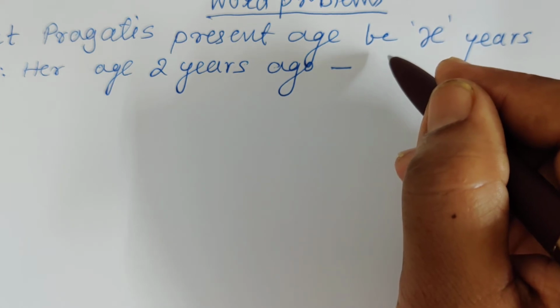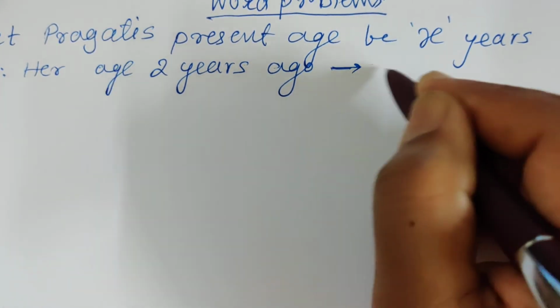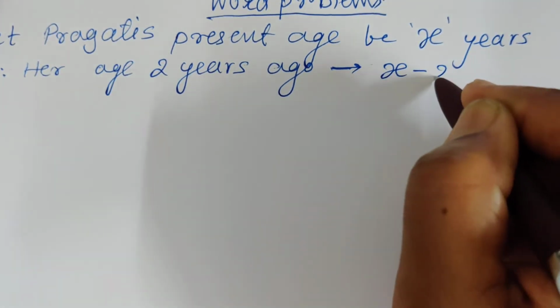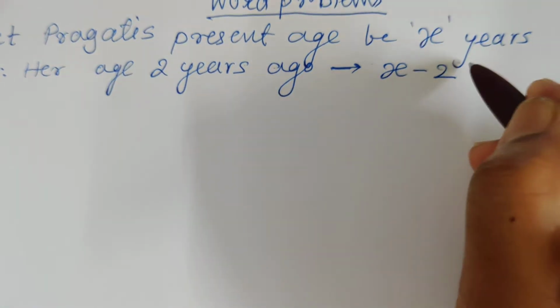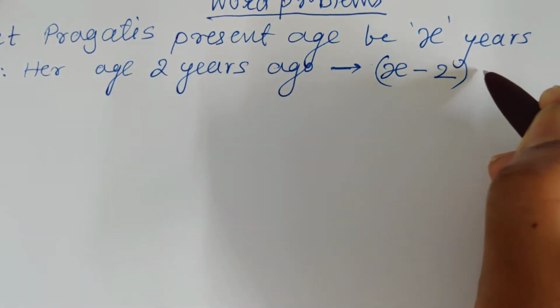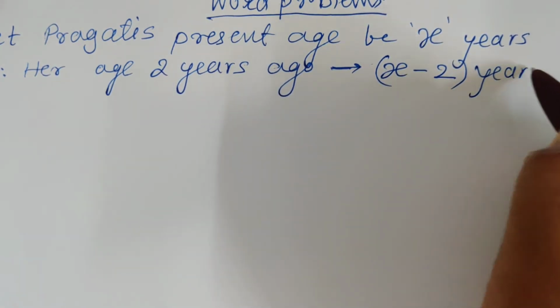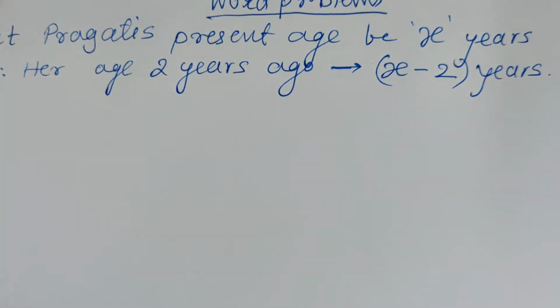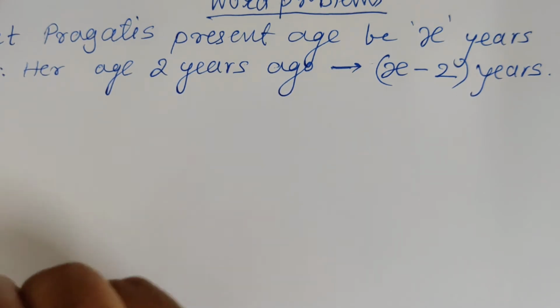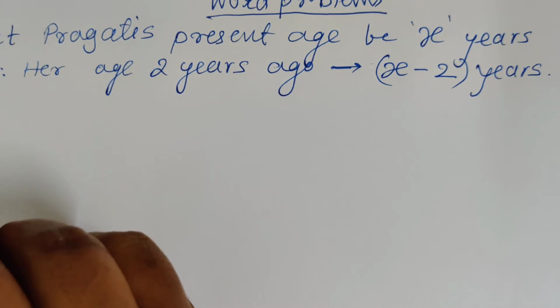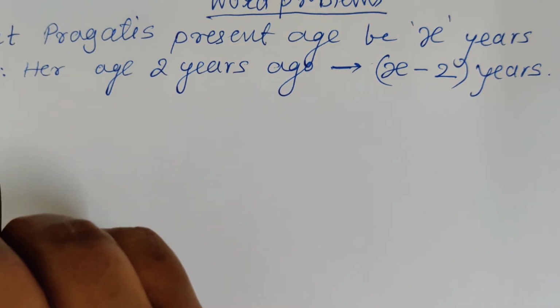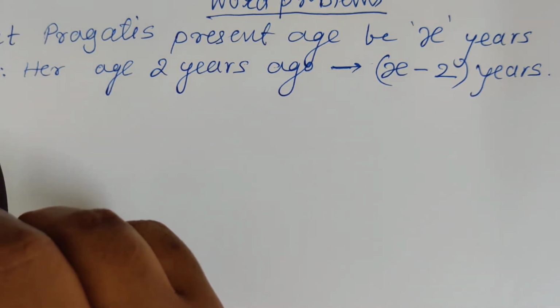Present is x, before 2 years means minus 2. So x minus 2 years. Then see what is said in the question.